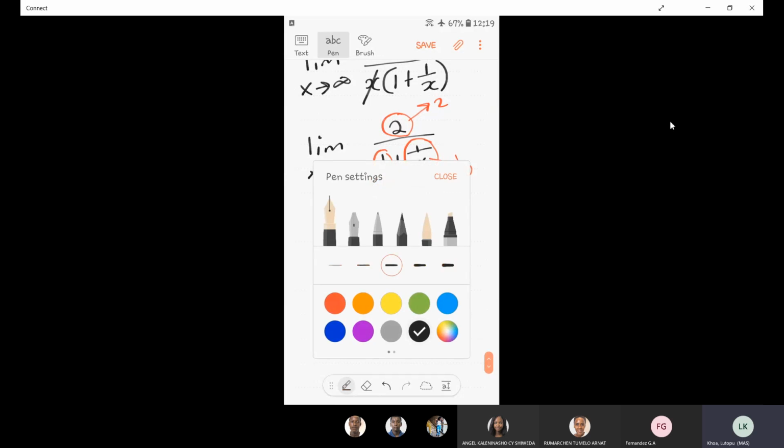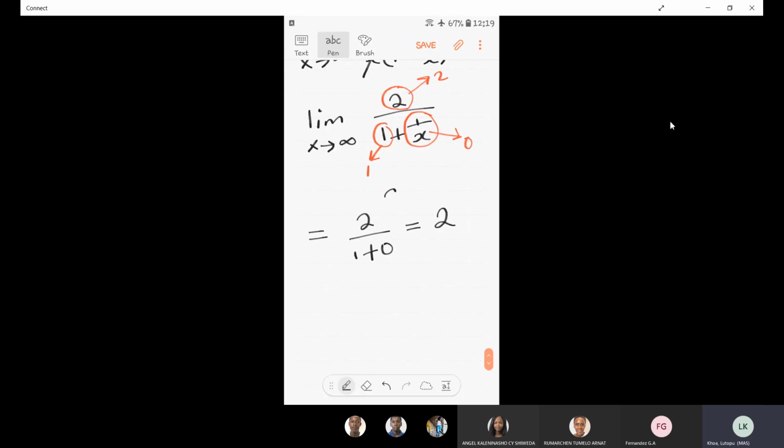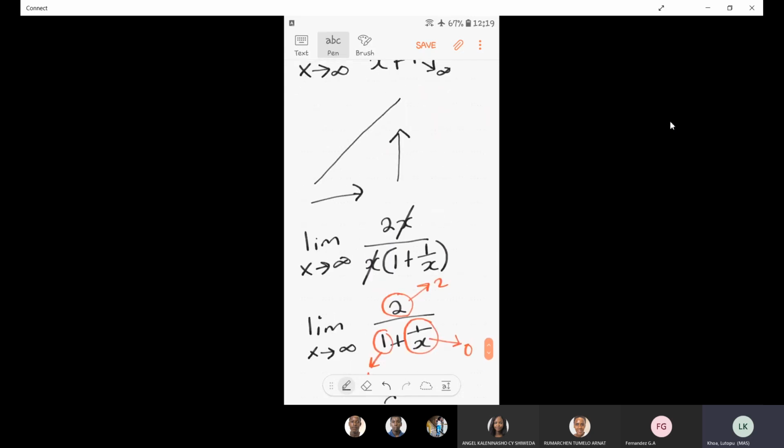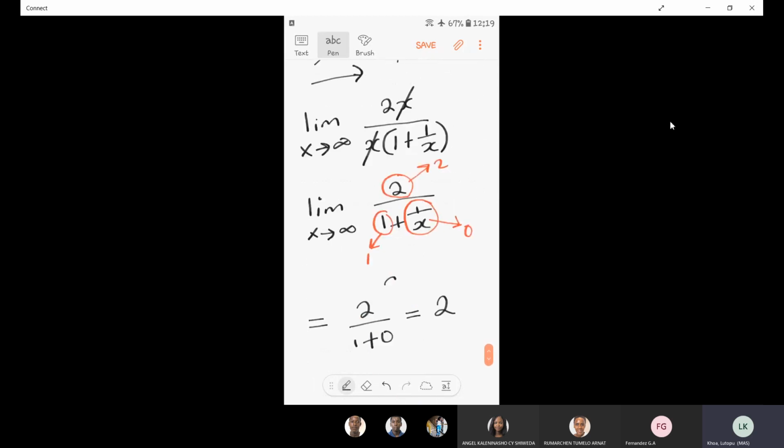Then I just need to evaluate it. And this is just equal to 2 over (1 plus 0), and this is just equal to 2. So the limit of this function, 2x over (x plus 1), is just equal to 2.